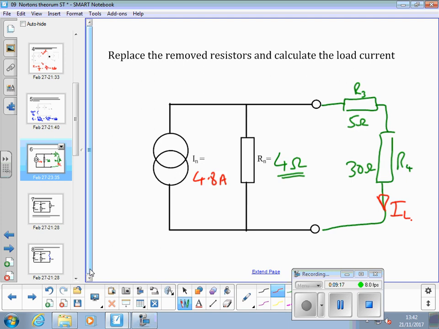We can calculate, there's ways we can find this voltage, VRN, there. How can we do that? Because that voltage is also going to be the voltage across that pair of resistors, isn't it?